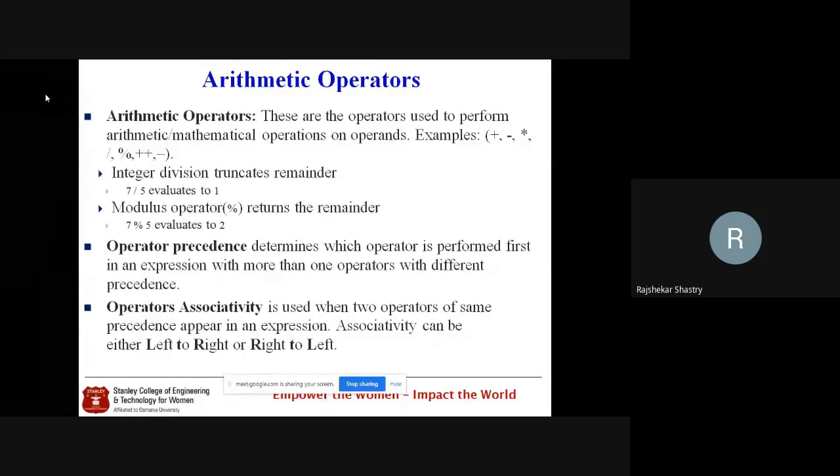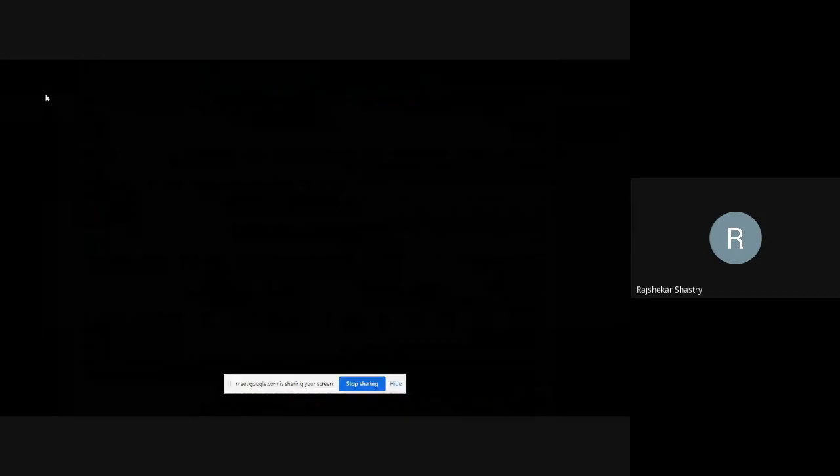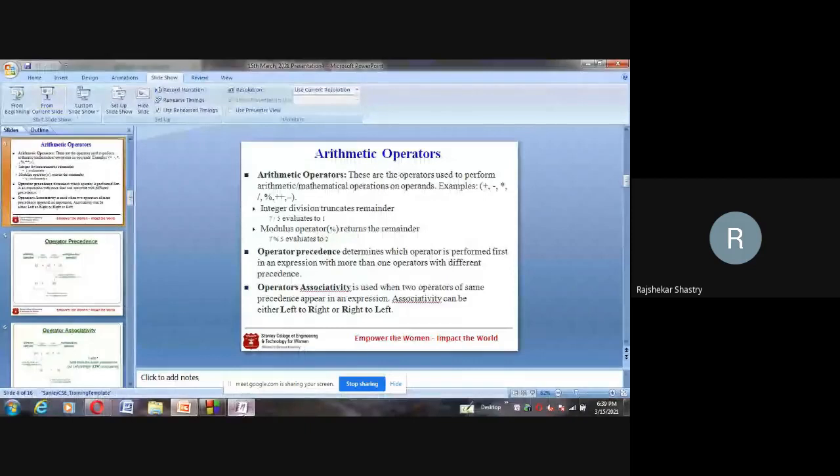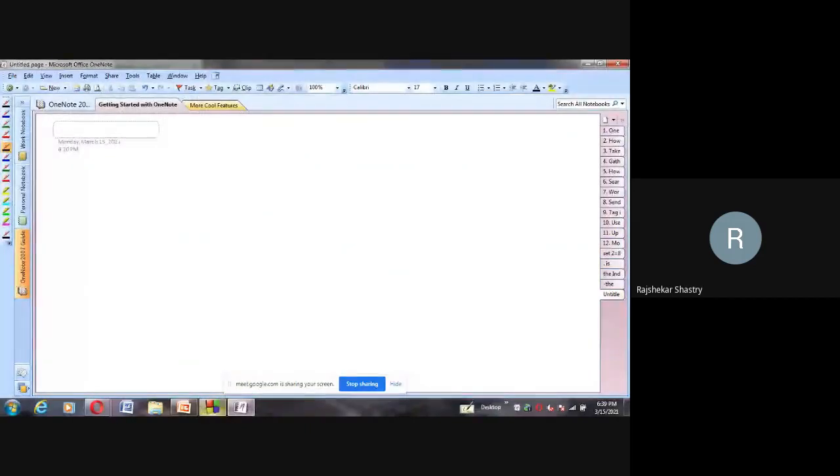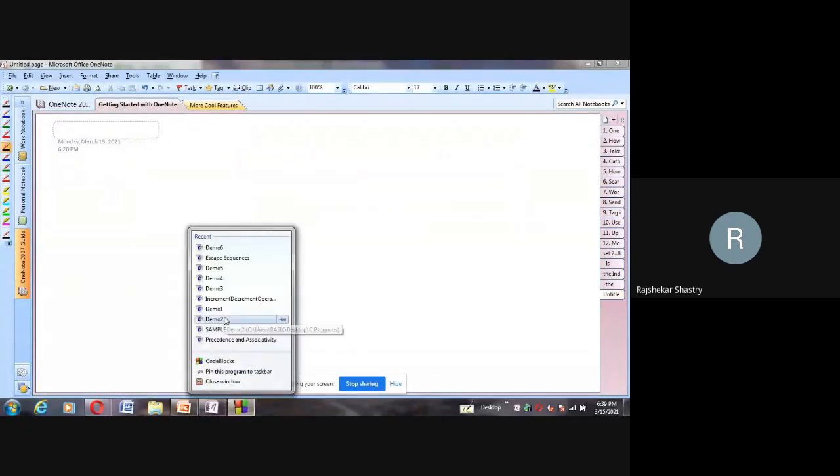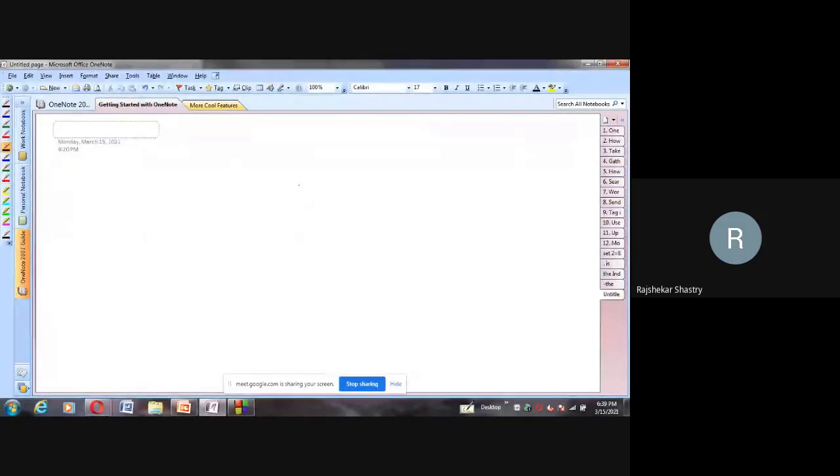We are very familiar with the plus operator and the minus operator. This is for addition of two numbers and this is for subtraction of two numbers. I'm talking about them as binary operators.